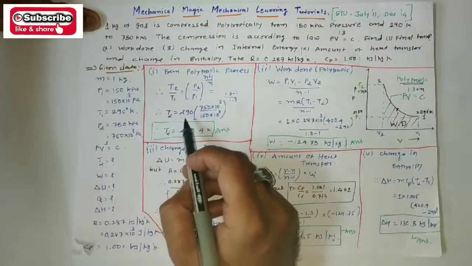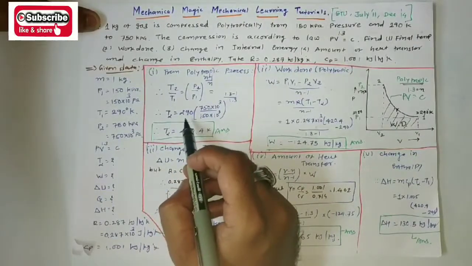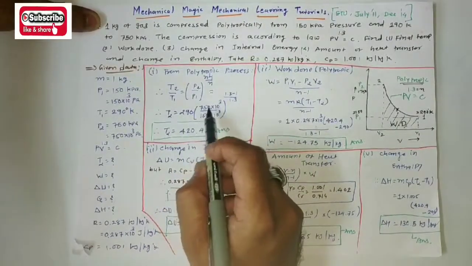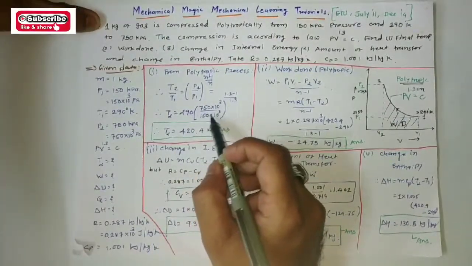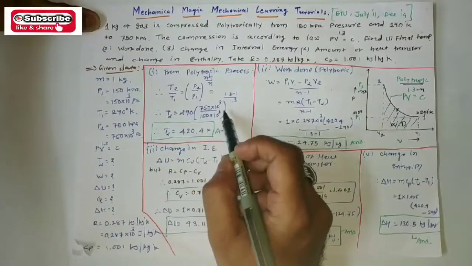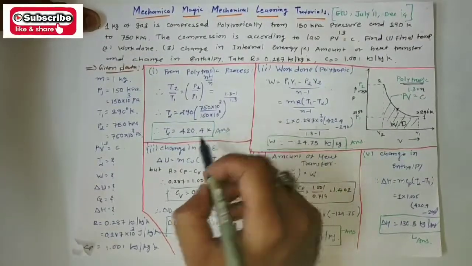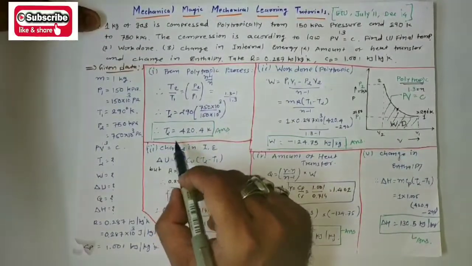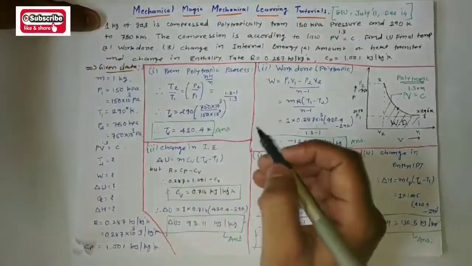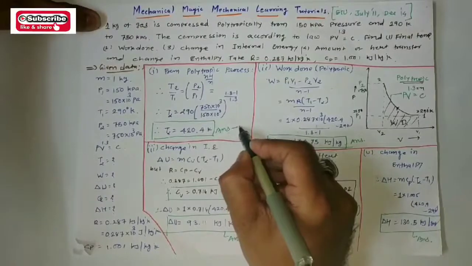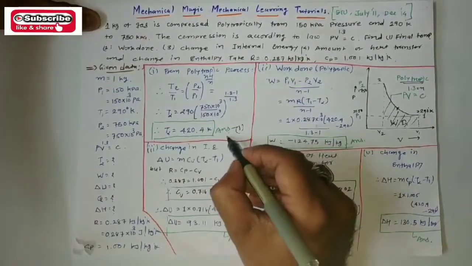Just put the value of temperature T1, 290, into 750 into 10 raised to 3 divided by 150 into 10 raised to 3. Just put the values and you will get the answer. T2 is equal to 420.4 Kelvin. That is answer number 1, the final temperature.